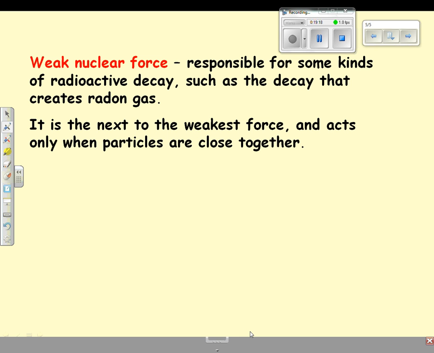Okay, so let's just draw a little picture here. I'm going to write strongest over here, and weakest over here. Which one's the strongest? Strong nuclear force.